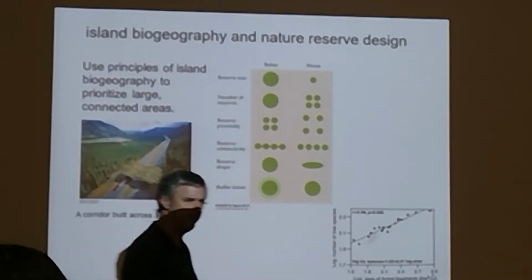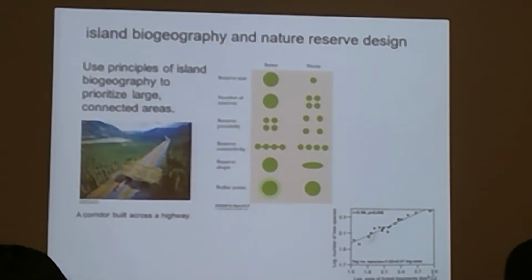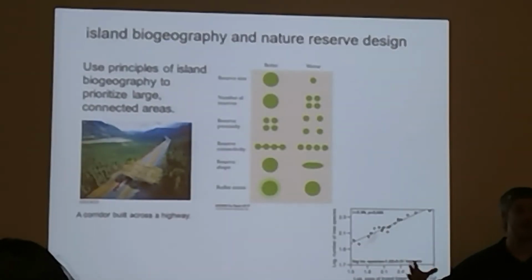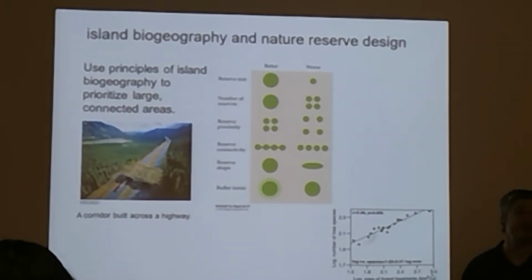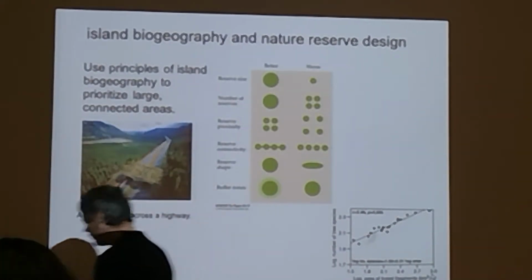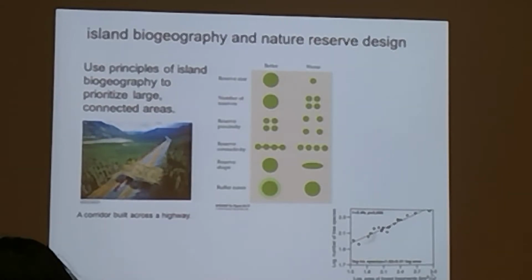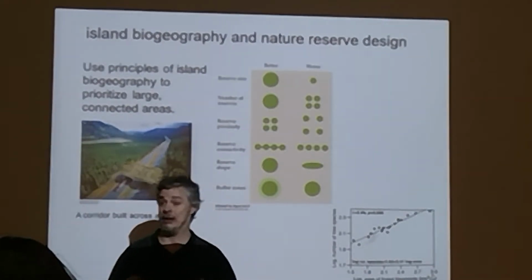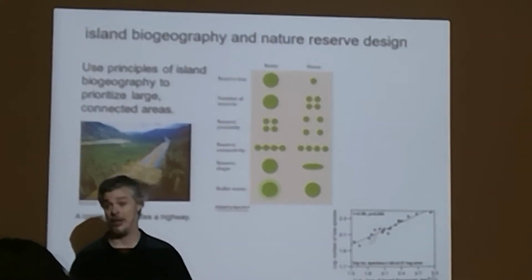So just as a general rule of thumb, if you have no other information, no other data to go on, you can safely assume that if you have to choose between a small reserve area and a large reserve area, the large reserve area is going to have more species. A second principle, which was not as immediately apparent, and really changed the way people began thinking about nature reserves in the 1970s, was that basically one large area was going to be better than 4 small areas that added up to the same total area.